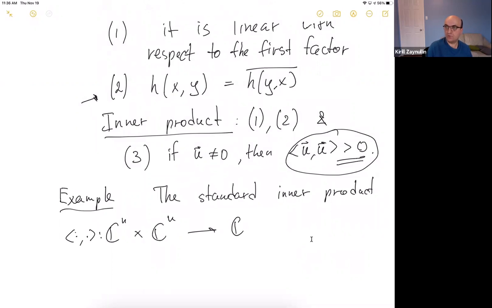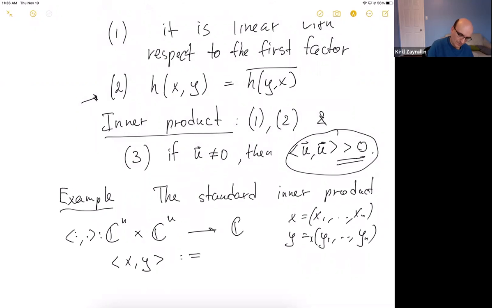So x comma y, if you set x to be this vector x1 to xn, and y to be this vector y1 to yn, is just a sum of products of coordinates xi times yi bar. This was the standard inner product.